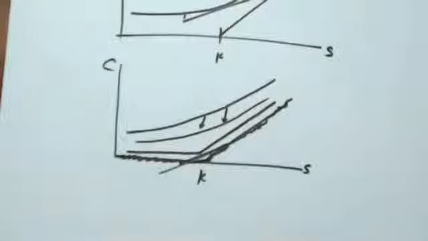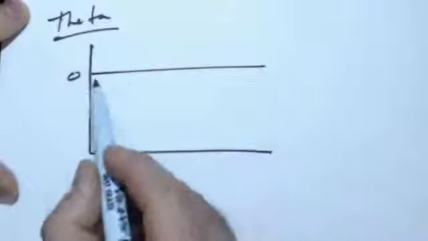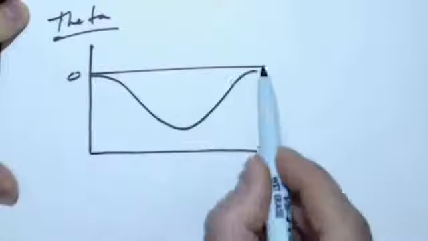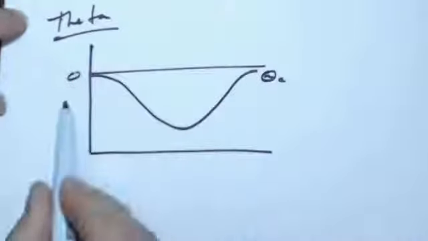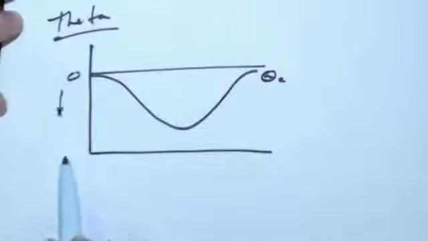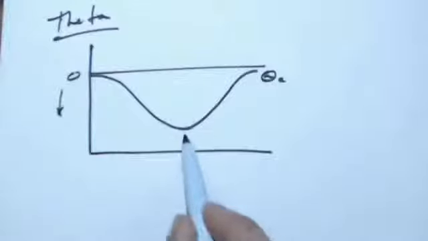Now, the next one is theta. Theta is a bit interesting here. Theta for a call is always negative. So here is negative, and the more negative you go, and here is going to be K, theta is going to be the most negative.